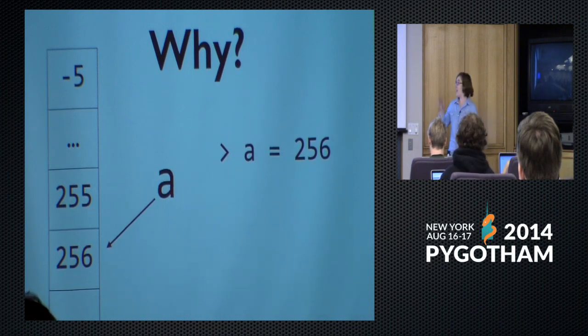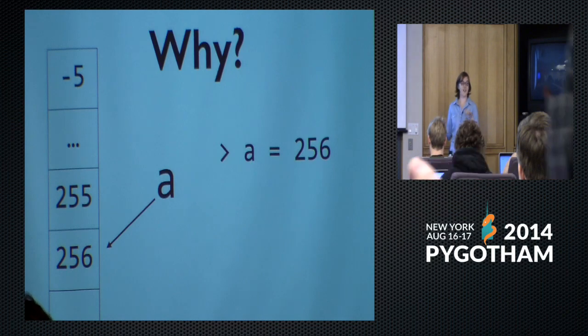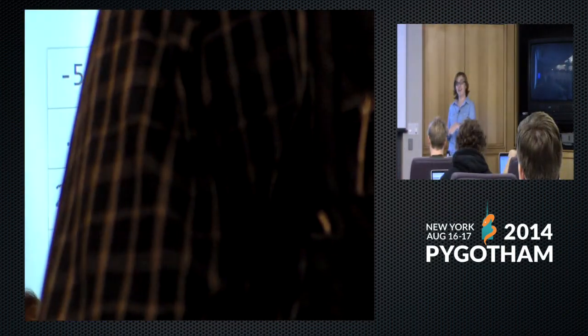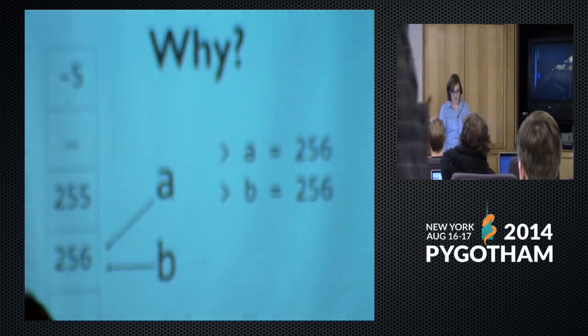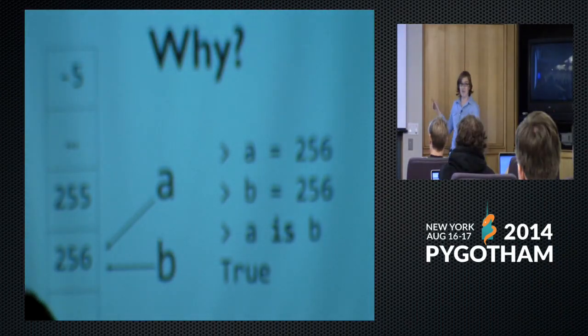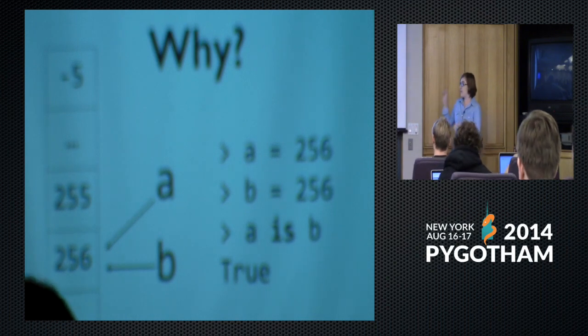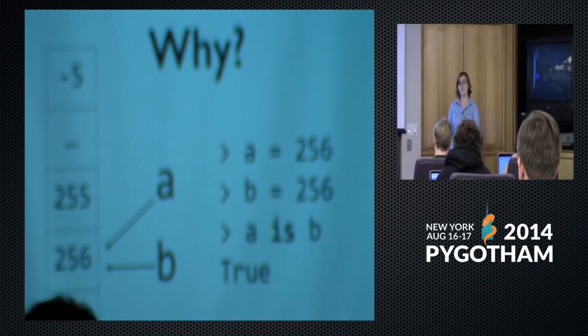When you say A equals 256, you're not creating a new instance of the integer class. Instead, you're saying, I have this variable named A, I'm going to point it to the 256 that already exists. And then you have B, and you're pointing it to the exact same object in memory, so that's why A is B is true. Here they're the exact same object, and is tells you whether they're the same object in memory or not.